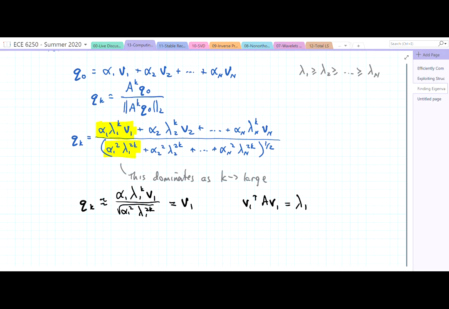And so there we are. We have our two solutions. So you can try this out in MATLAB and find that you can get the largest eigenvalue, and it doesn't usually take that many iterations unless your eigenvalues are all very close to each other.